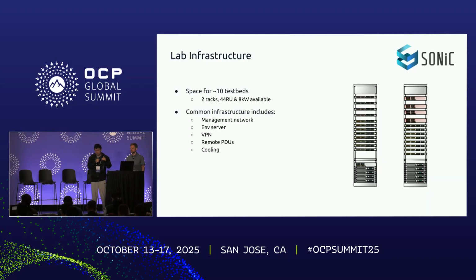So the lab infrastructure is, we have the management network to provide accessibility to those switches, and then we also have the servers to generate the traffic, to send packets to verify whether the data plane is working or not. And then we'll have a VPN for people to get remote access, and also remote PDUs for people to power cycle the device in case the device is dead or something happened to the lab.